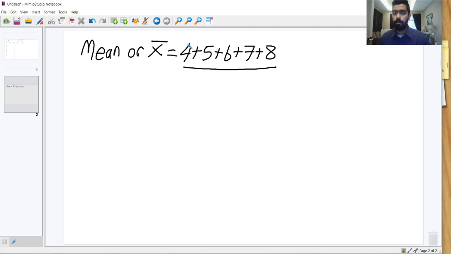The number of values is 1, 2, 3, 4, 5, so it will be divided by 5. 4 plus 5 is 9, plus 6 is 15, 15 plus 7 is 22, 22 plus 8 is 30. So 30 over 5 gives us 6. Our mean value is 6.